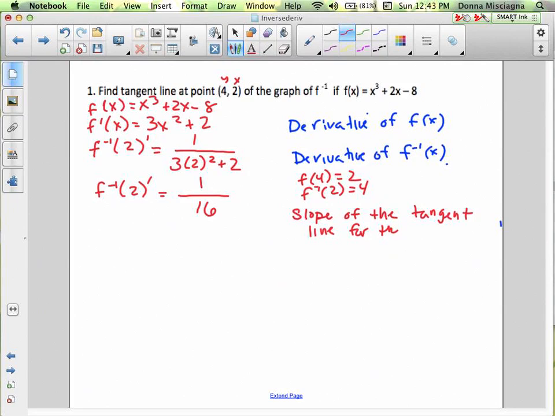And that's for the inverse. The point that we're going to use is, of course, 2, 4.